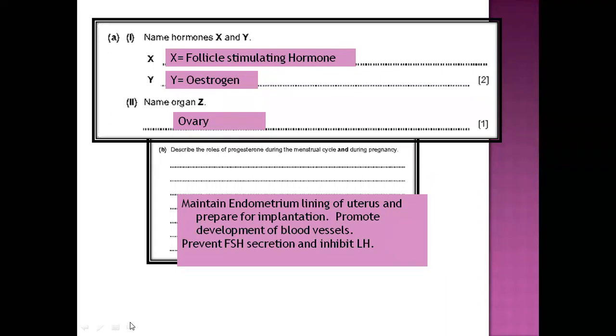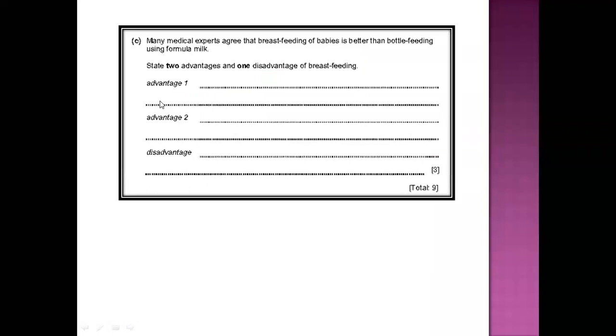So let's move toward another. Now we will discuss this: many medical experts agree that breastfeeding of babies is better than bottle feeding using formula milk. State two advantages and one disadvantage of breastfeeding milk.